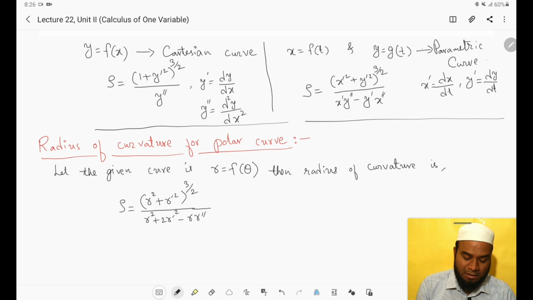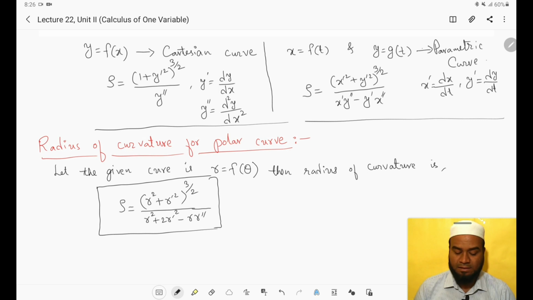This is the formula for finding radius of curvature when the given equation or given curve is a polar curve. So what is r? Already it will be given in the question, r equals f of theta, right?